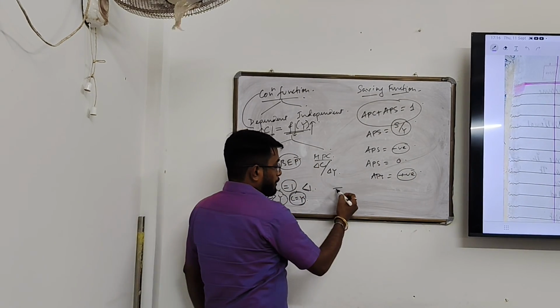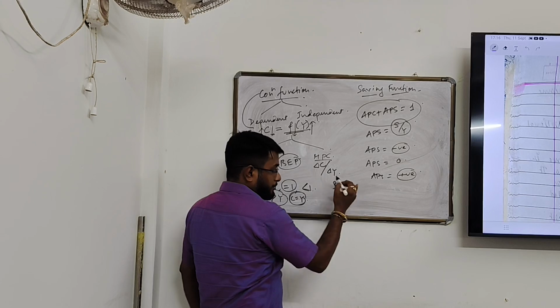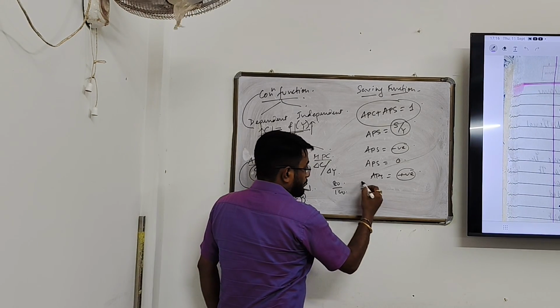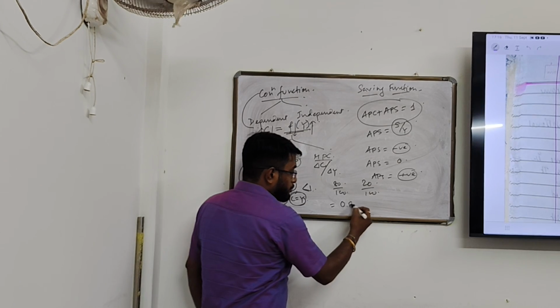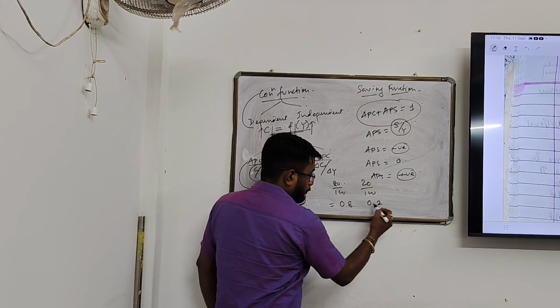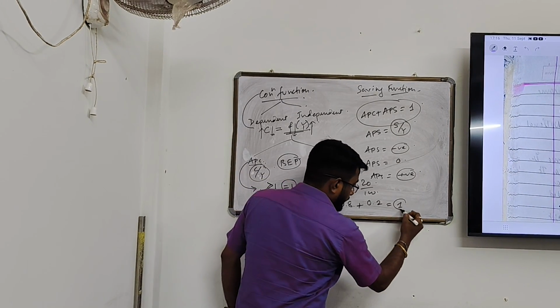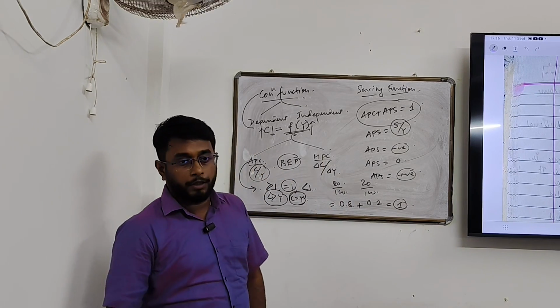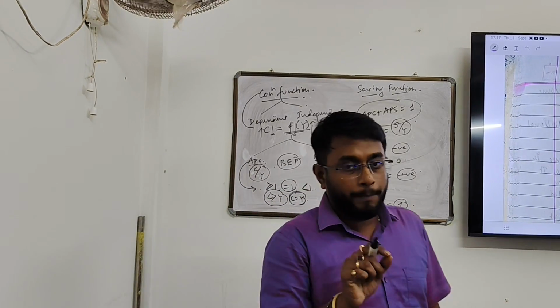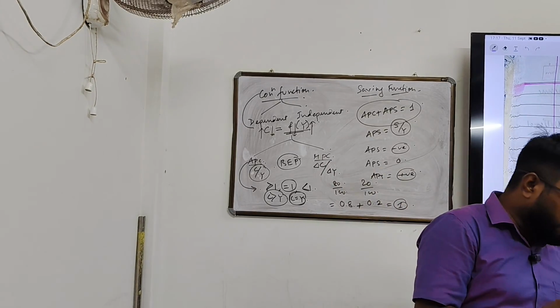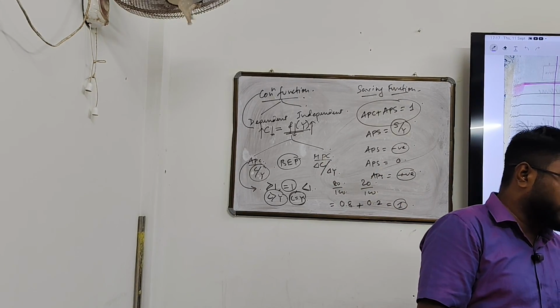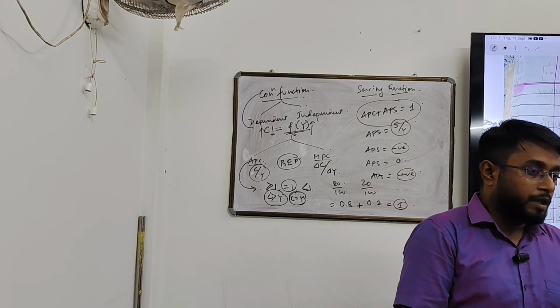That is, suppose your income is 100, consumption is 80, in that case saving would be 20. Now here APC is 0.8 and APS is 0.2. If we add both, we will get 1. তার মানে every time in the economy this relation will persist. What relation? Average propensity to consume and average propensity to save is 1.